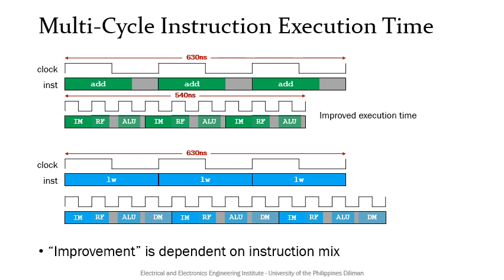With each cycle at 60 nanoseconds, a total of 12 times 60 nanoseconds or 720 nanoseconds is needed, and thus, in this case, going for a multi-cycle operation actually degraded the execution time. We conclude that the improvement or degradation of execution time in going from single to multi-cycle depends on the instructions to be used or considered.